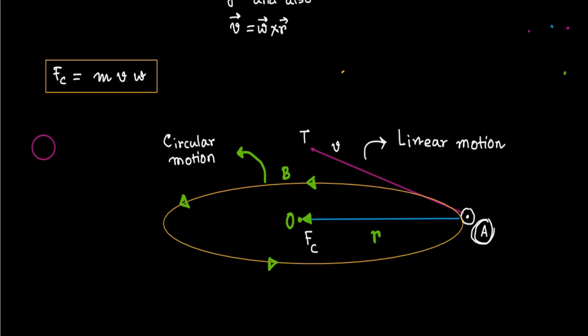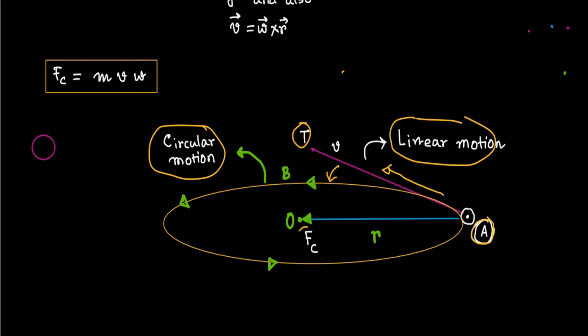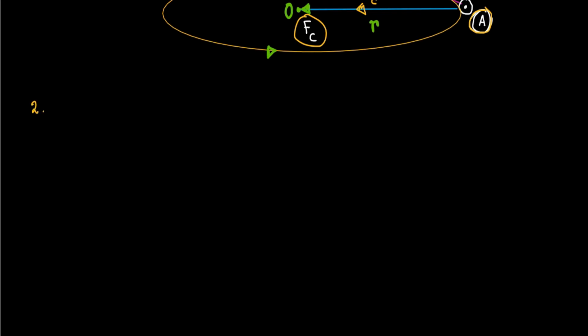The body has a tendency to move along this tangent AT with tangential velocity v, and this linear motion will be converted into circular motion under the action of centripetal force Fc.